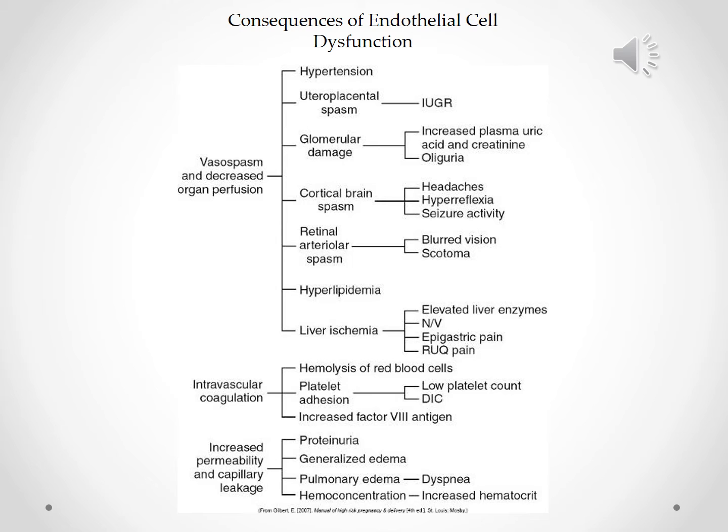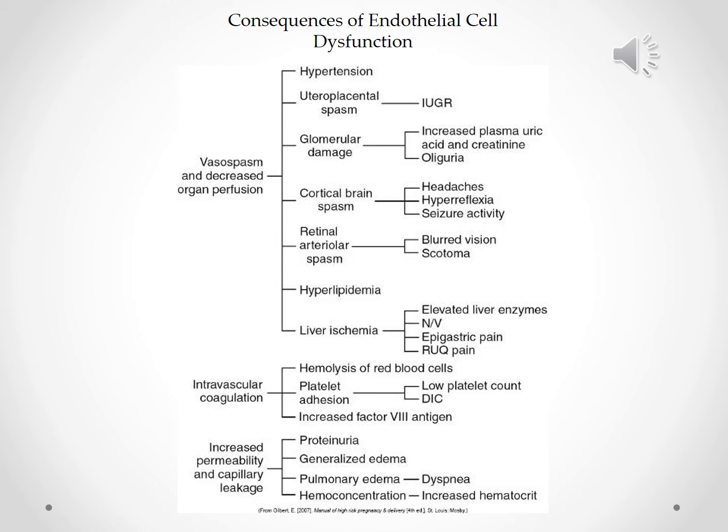The decreased liver perfusion results in liver damage, and you're going to see this reflected in an elevation of your liver enzymes. So that's why they always do LFTs when they're worried about gestational hypertension and preeclampsia. If the damage to the liver is severe, she may experience either epigastric or right upper quadrant pain.